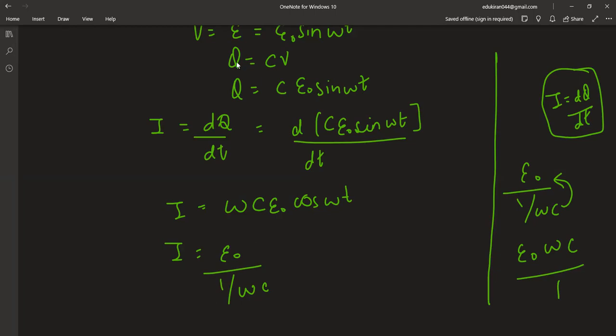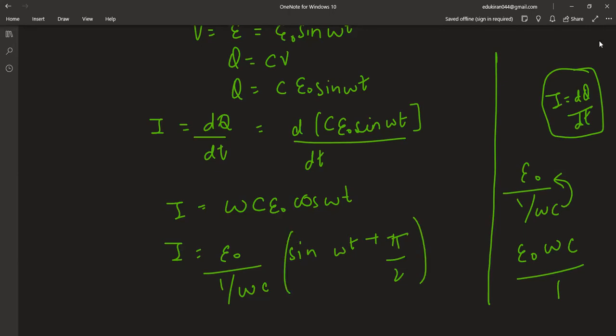Agreed? Yes or no? Clear till here? Yes, ma'am. And one more thing: cos omega t, because we have to have the phase difference also, so this becomes omega t plus pi by 2.